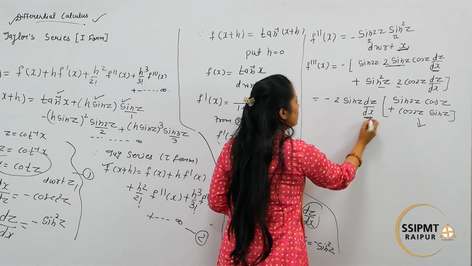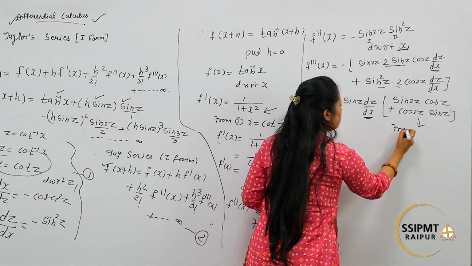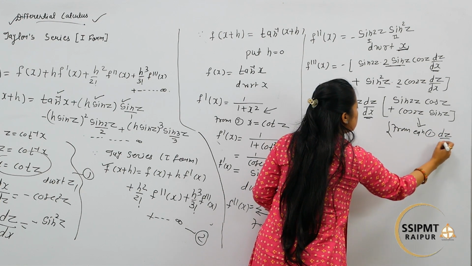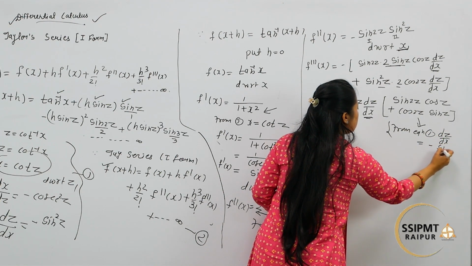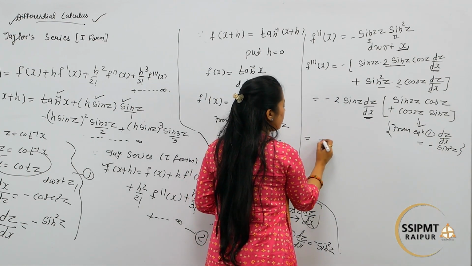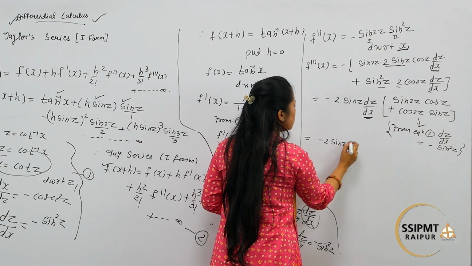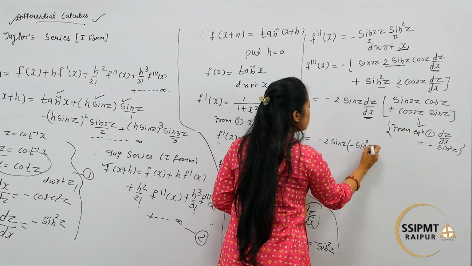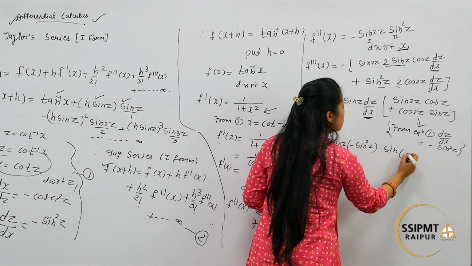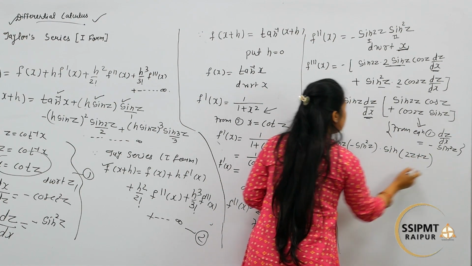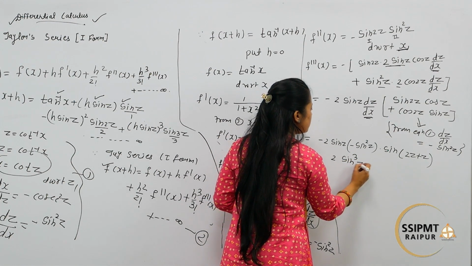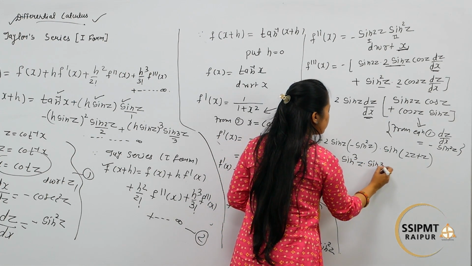And the value of dz by dx from equation 1 is minus sin square z. So it will be minus 2 sin z into minus sin square z into sin of (a plus b). That means sin of (2z plus z). That gives us 2 sin cube z into sin 3z.